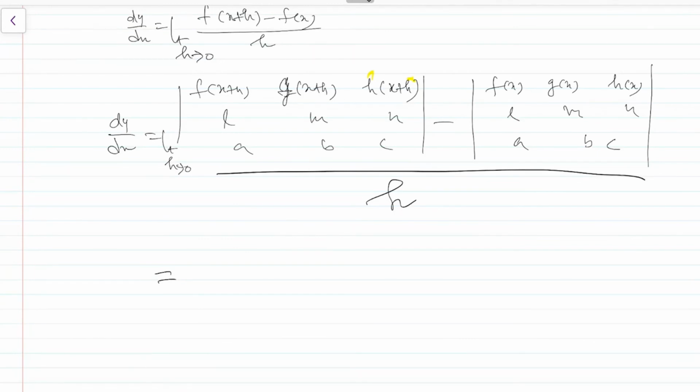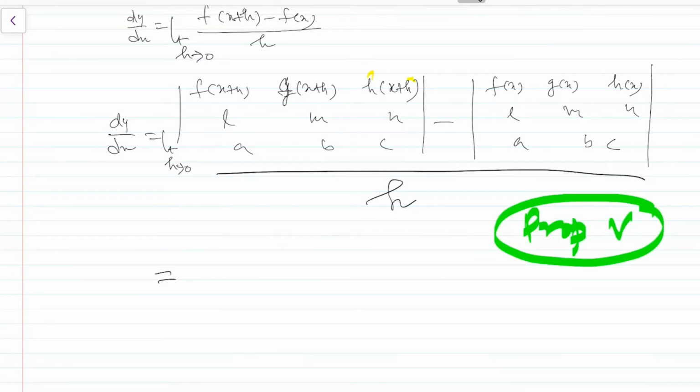Now we'll use property number 5 of the determinant here.